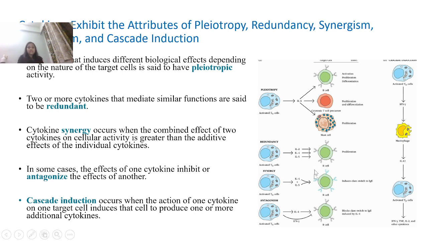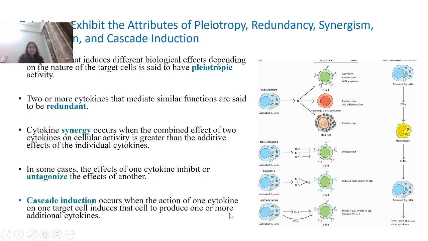For example, for B cells, IL-4 and IL-5 combined have more effect, and they induce class switching to IgE, that is immunoglobulin E. It helps in the formation of immunoglobulin E antibodies.